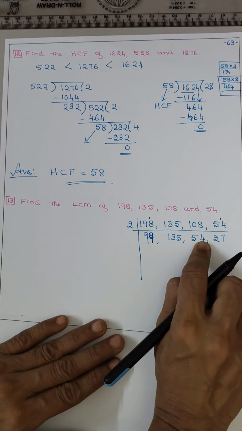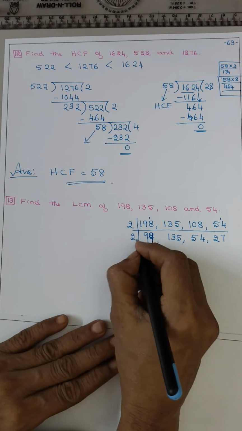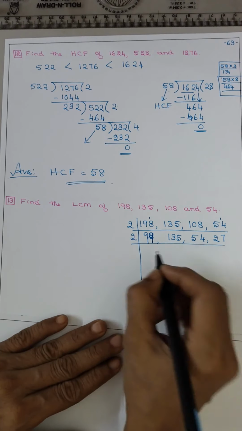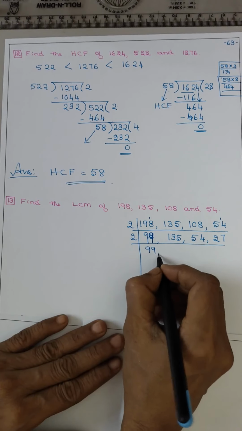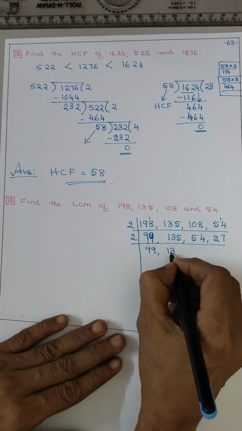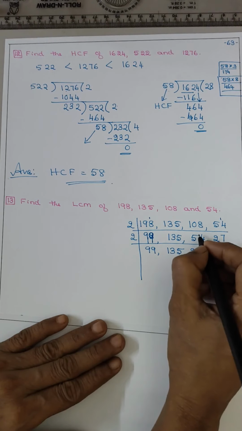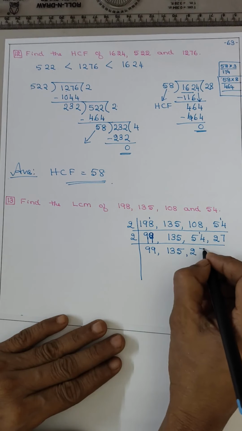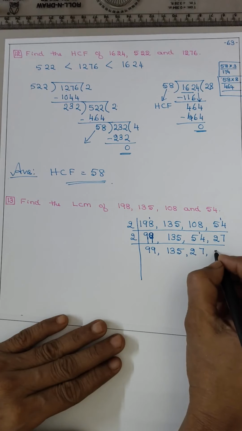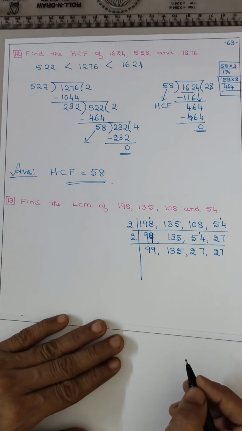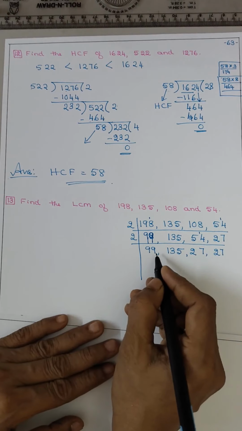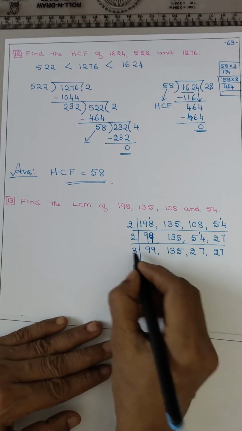Now 4 is an even number, so 2 again: 99 as it is, 135 as it is, 2 2s are 4, 1 remain, 2 7s are 14, 27 as it is. Now 99 goes by 3.